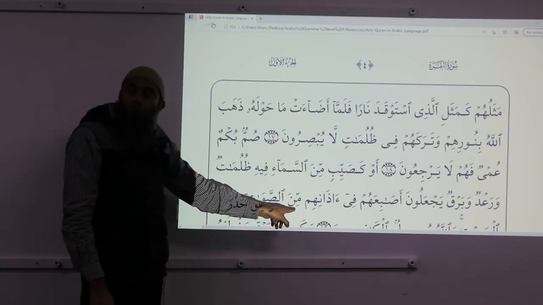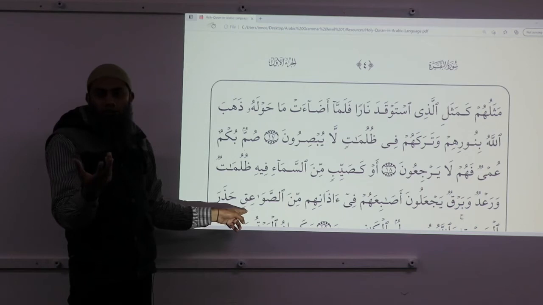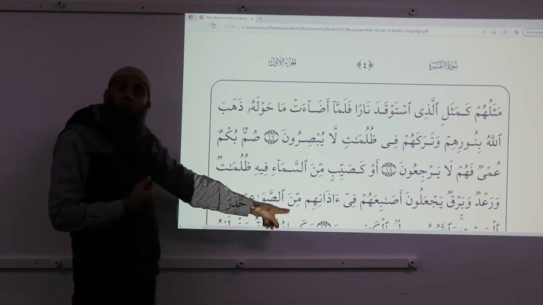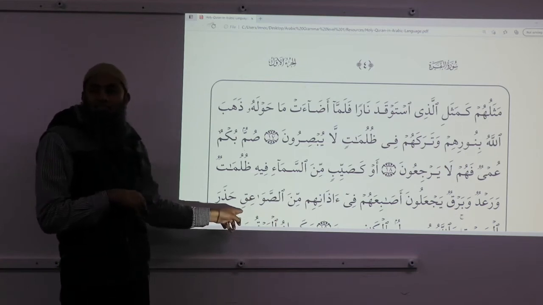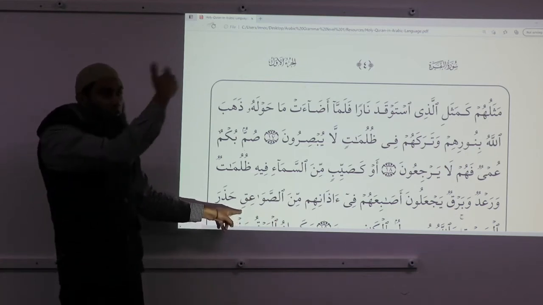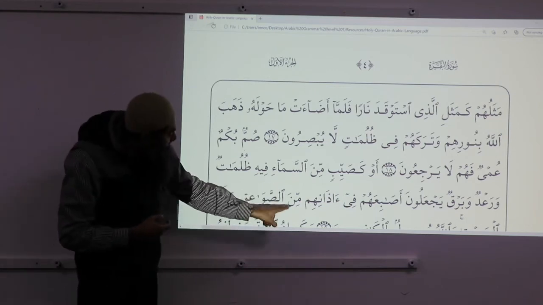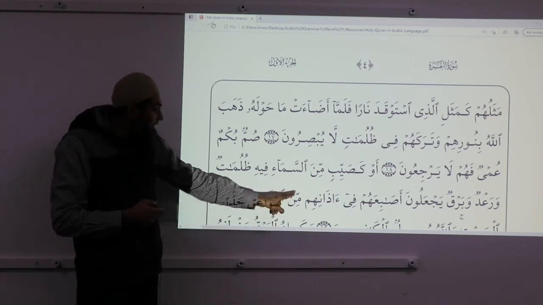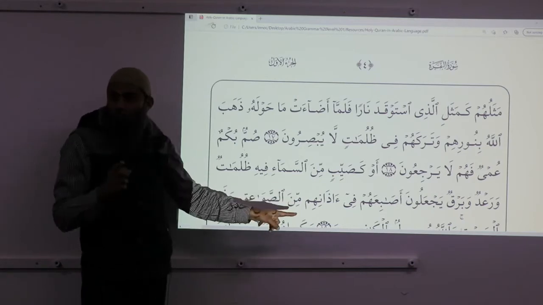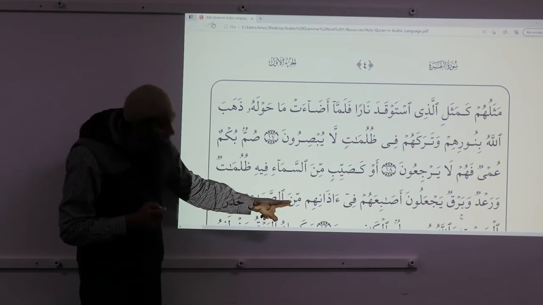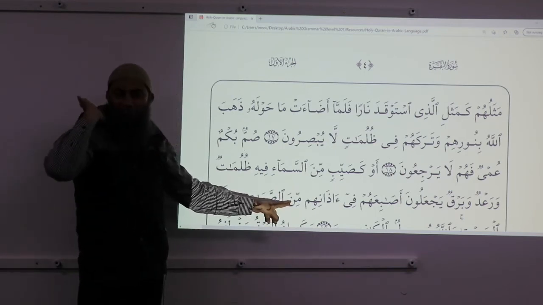Alhamdulillah. Min and as-sawaiki. There are two ways of knowing this. One way is that min is a preposition, and that's why as-sawaiki is in jar status. Another way, what we learned in the start: sawaiki, what status? Jar. Look at what is before it. Preposition. If you look before this word and do not find a preposition, then it will be mudaf ilayh.